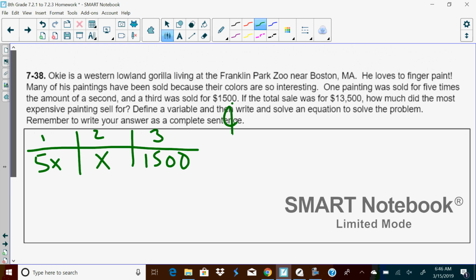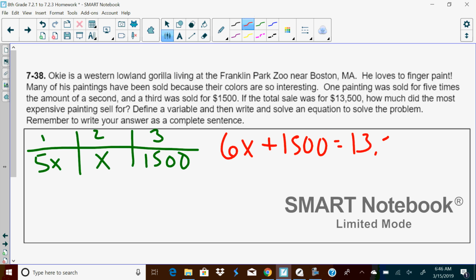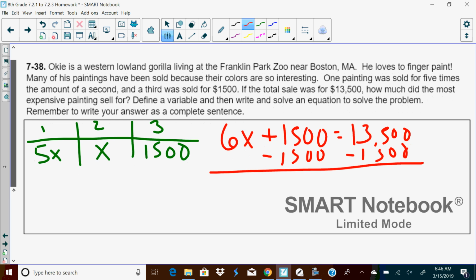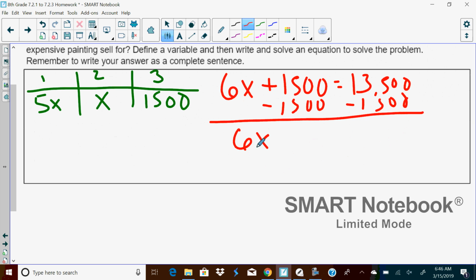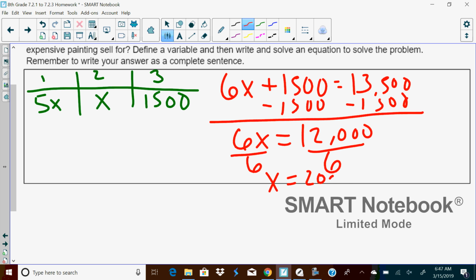So then I'm going to write an equation. I get 6X plus 1,500 equals 13,500, because 5X plus X is 6X. Minus the 1,500 from both sides, I get 6X equals 12,000. Divided by 6, X equals 2,000.